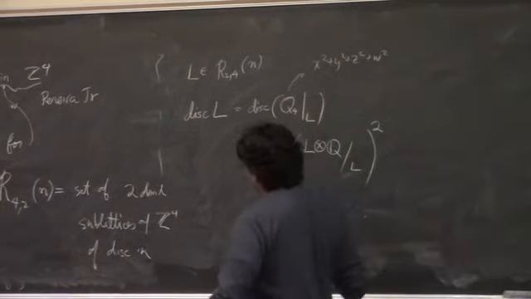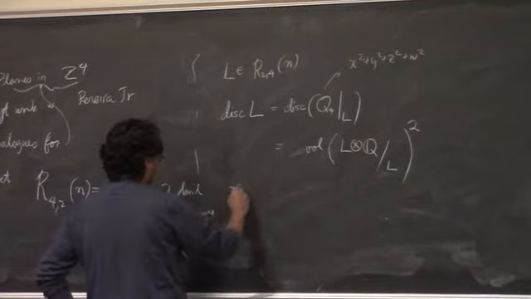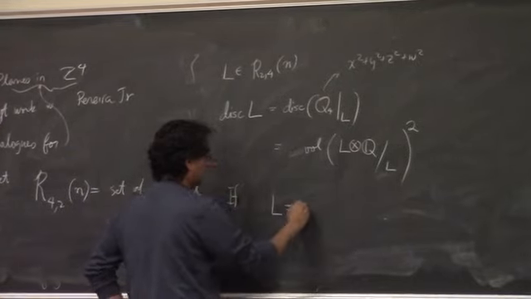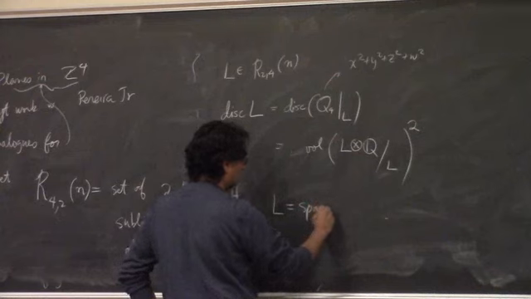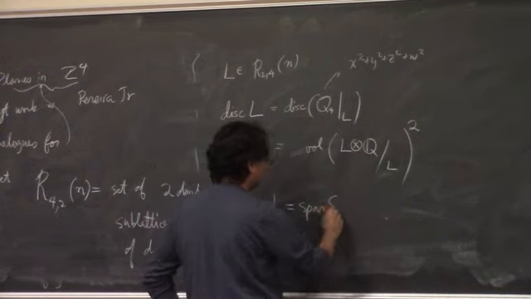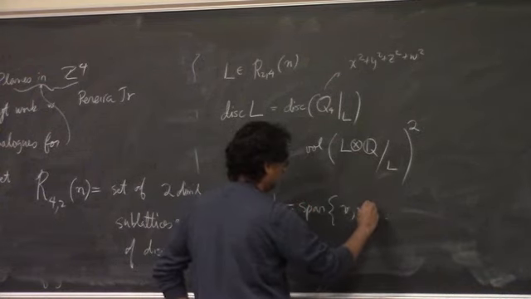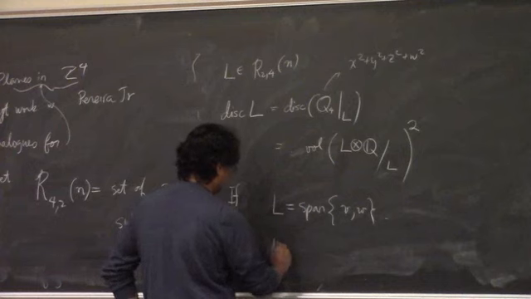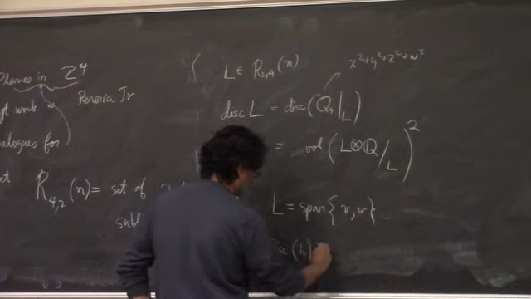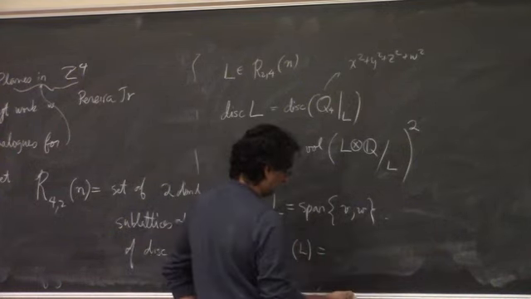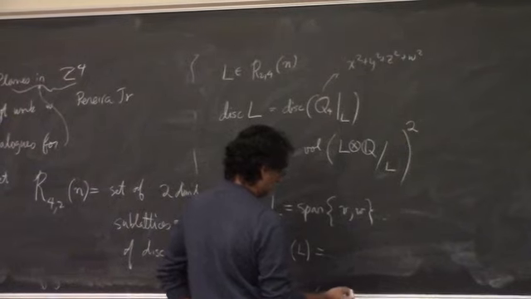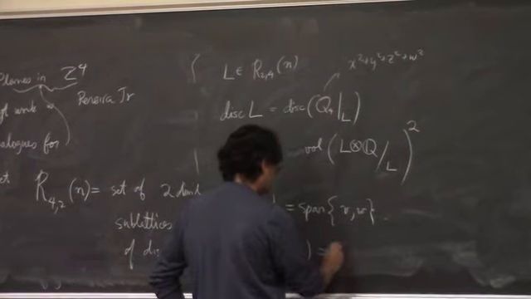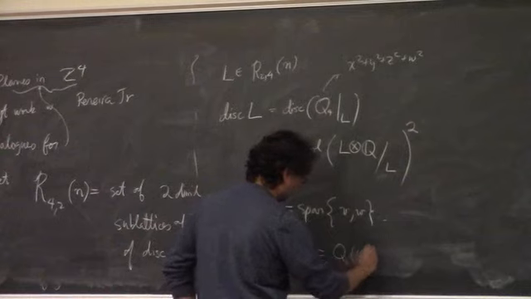I mean, very explicitly, if L is equal to the Z-linear span of two vectors v and w, then the discriminant of L is equal to Q6, let's say, of v wedge w.